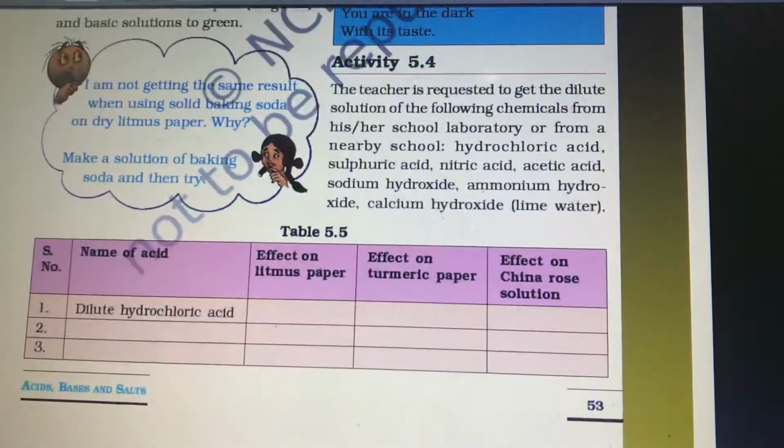Then we have certain chemicals, dilute solutions of chemicals in our lab like hydrochloric acid, sulfuric acid, nitric acid, acetic acid, sodium hydroxide, this is a base, ammonium hydroxide, this is a base, and calcium hydroxide, that is lime water. Now their effect on the litmus paper.